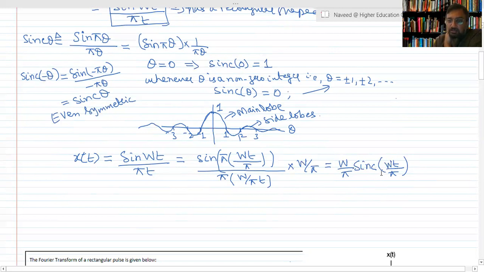And then the Sinc function, we already saw that it is 0 at all these integer values of theta. Here, this whole thing is theta.